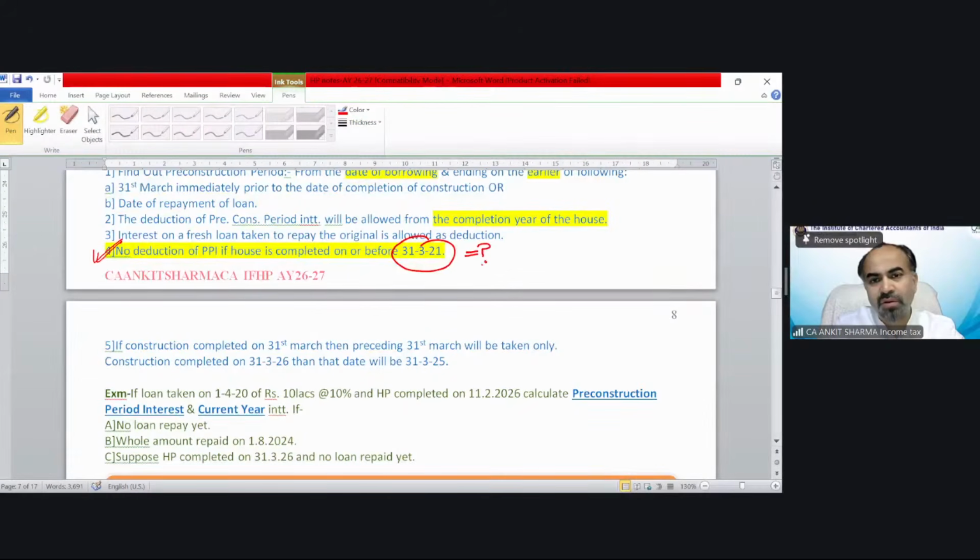So first of all, can you tell me what does that mean? Why this date has been mentioned over here that you do not need to calculate pre-construction period interest if your house is completed on or before 31st March 2021? So who will tell me the answer of this point number 4?